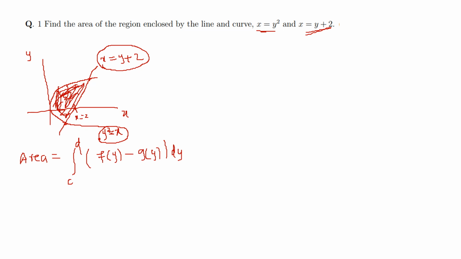Also, we have to find the limits of integration, and these limits are the values of y. That means the value of y at this point and the value of y at this point. These two points are the points of intersection of the two curves. So let's find the limits.